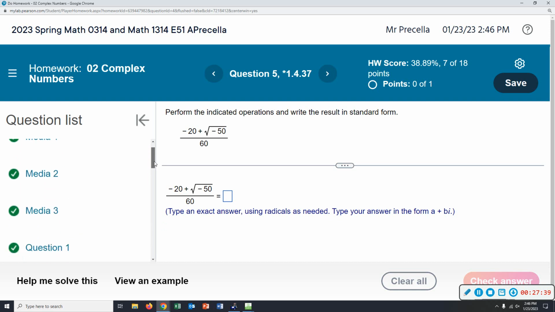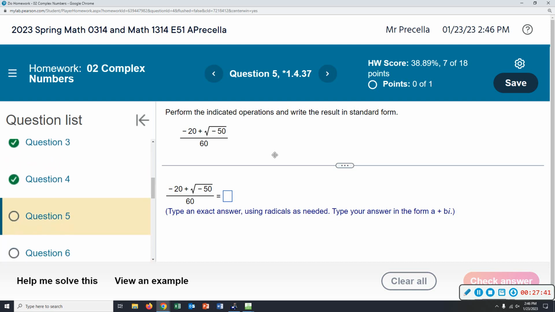It is set to automatically sync when it's ready to sync. And once again, if I wanted to know my course average at this moment, the Canvas gradebook is more accurate. The Pearson MyLab gradebook has some odd features.